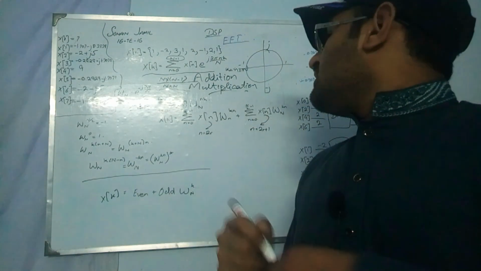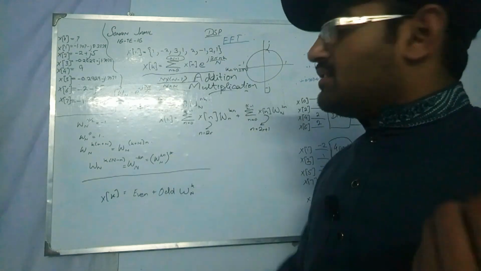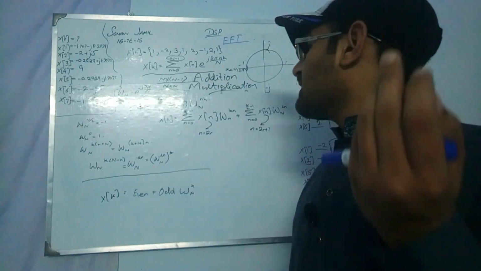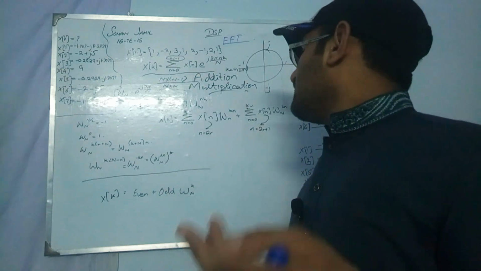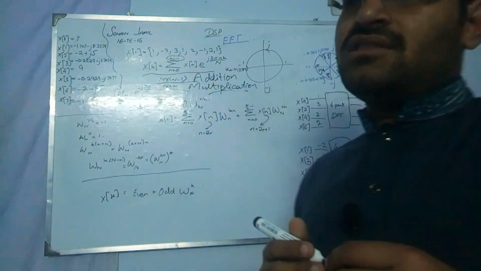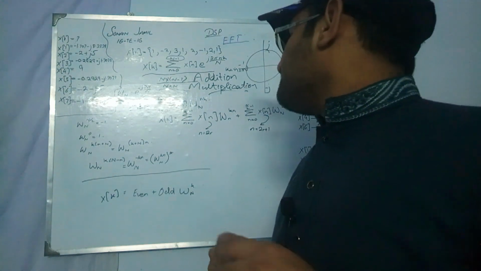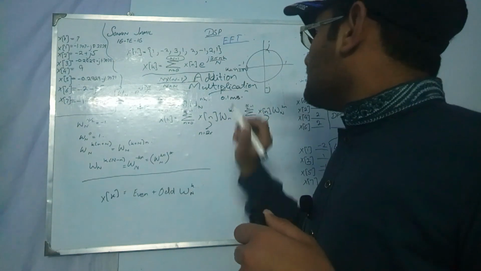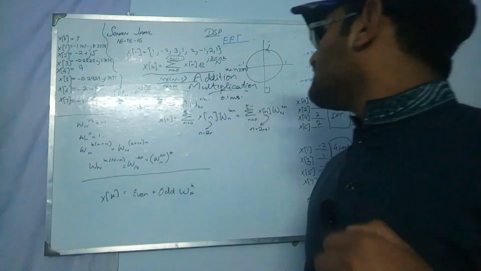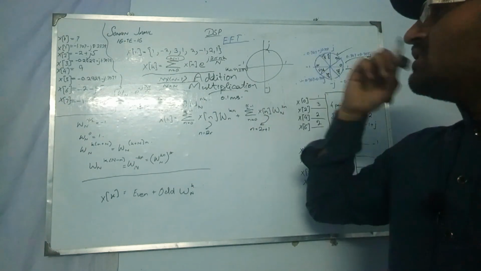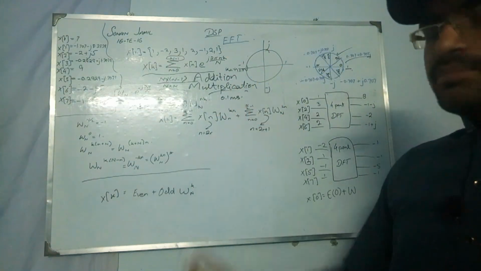For example, if we have N equal to 1000 and a processing speed of 1 megahertz, it will take 0.1 millisecond to compute the whole process.